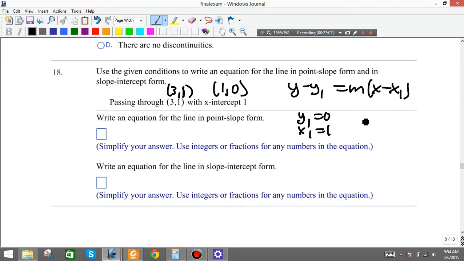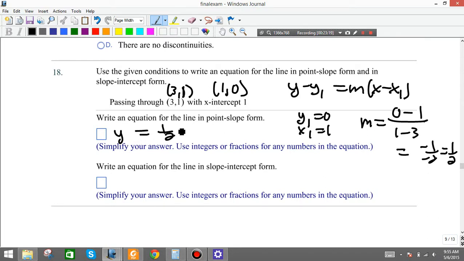We need the slope. The slope is 0 minus 1 over 1 minus 3, that equals negative 1 over negative 2. The slope is 1/2. The answer to part 1 is y minus 0 equals 1/2 times x minus 1. And then in slope-intercept form, distribute: 1/2 x minus 1/2.